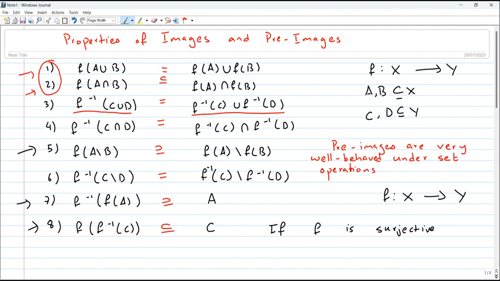Those are the terms that you might have come across, which just means everything is hit. If f is surjective, then the last property, property 8, is an equality.